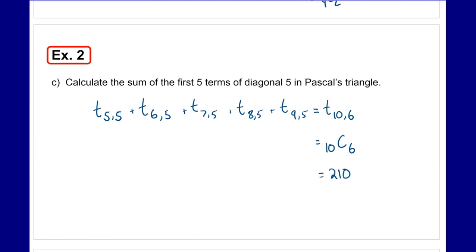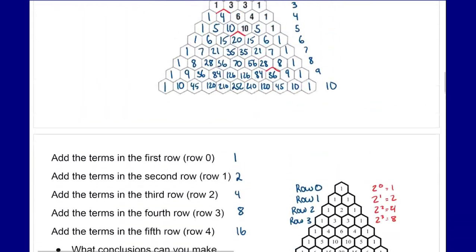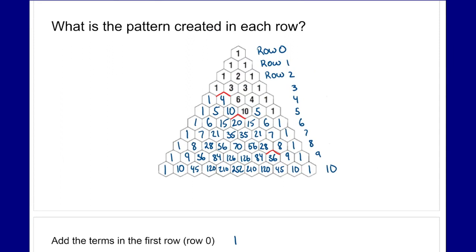And just for the sake of argument, let's go back to our larger triangle. We look at diagonal 5, so 0, 1, 2, 3, 4, 5. I'm getting my numbers mixed up.